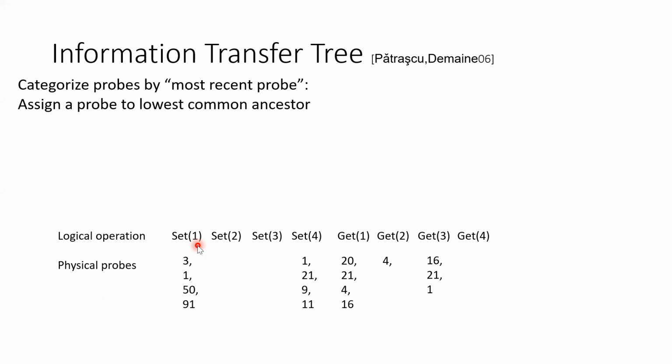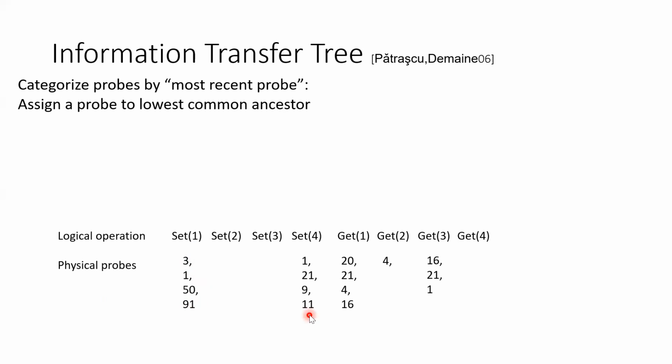And so the algorithm gets a sequence of logical operations, say set 1, 2, 3, 4, and get 1, 2, 3, 4, for some random value I omitted here in those sets. And this algorithm chose to touch memory, I mean physical memory cells, number 3, 1, 50, and so on.